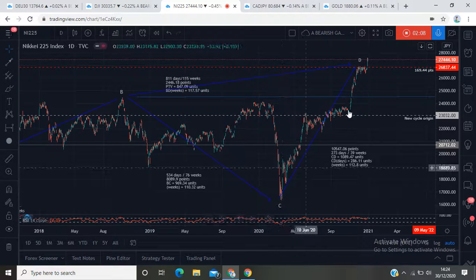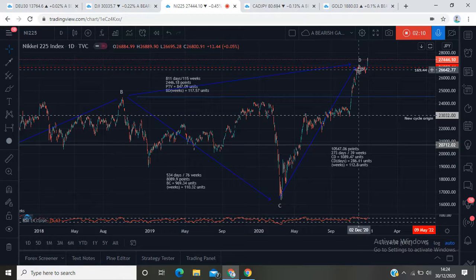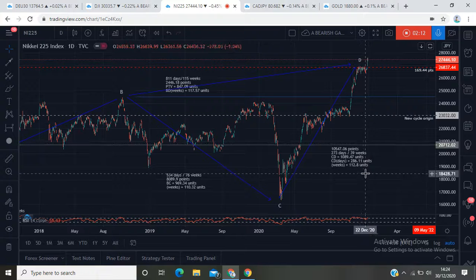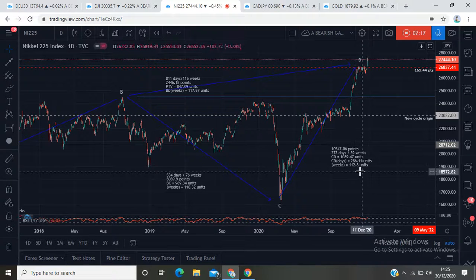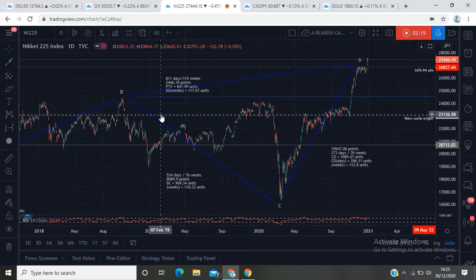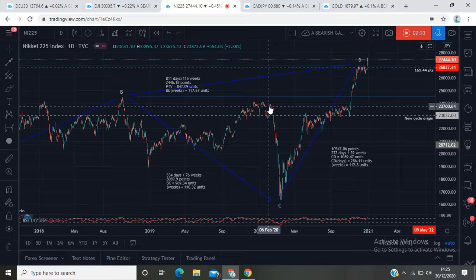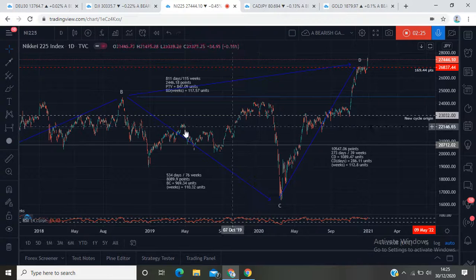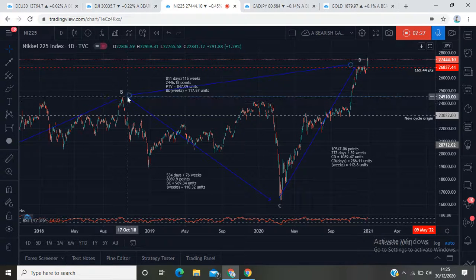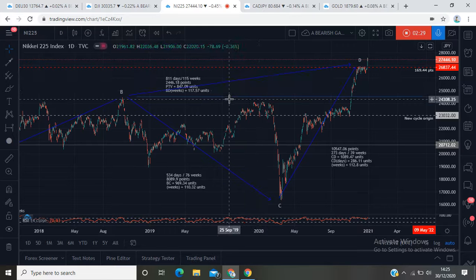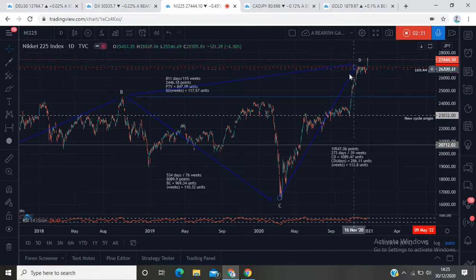So from C to D is also another swing which had a magnitude of 112.8. And then the swing from B to D. Maybe some new traders will say that there is no wave from B to D, but let's look at it this way.